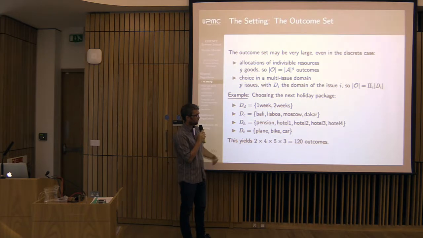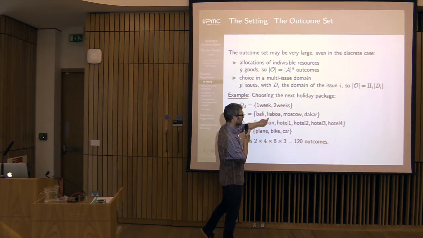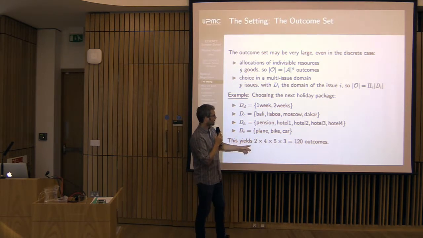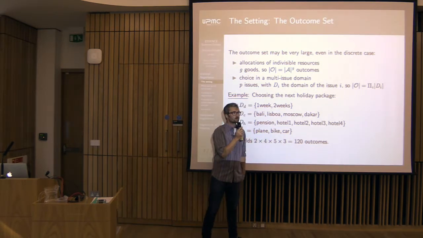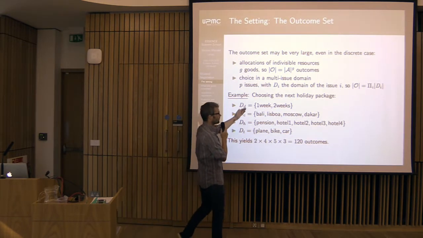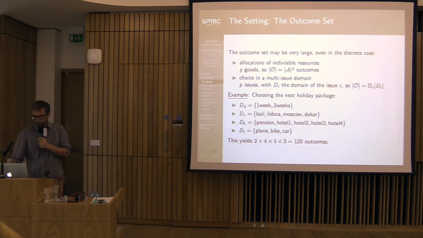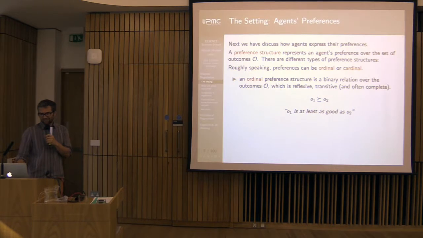But if you just count how many outcomes you have, the Cartesian product of all these sets, so that's already 120 outcomes that you can have, okay? All the different combinations over these features. So this set can be large. Of course, if it's continuous, it can be even larger.